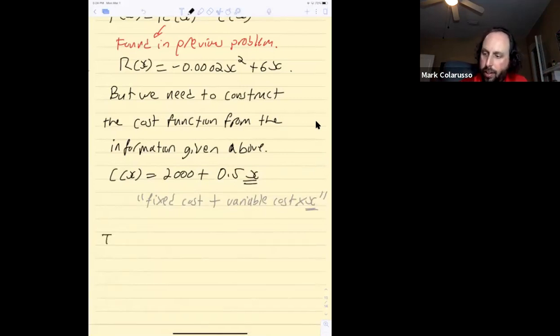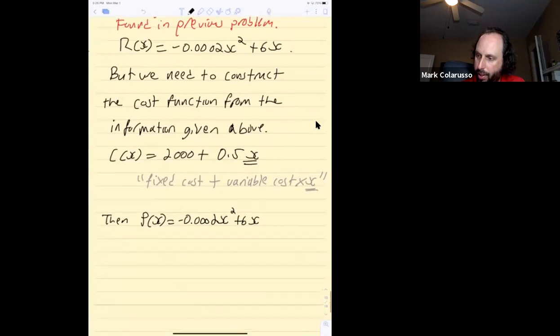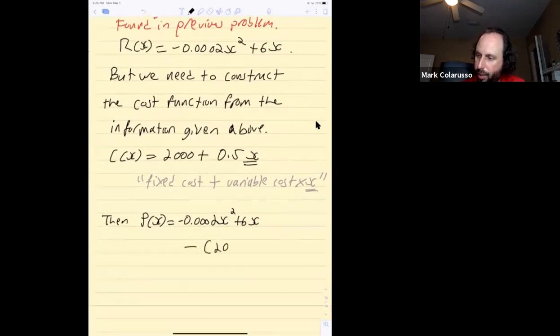Okay, so then the profit function is revenue minus cost. We have the pieces now. So P of X is minus 0.002 X squared plus 6X, minus the cost, minus 2,000 plus 0.5X.